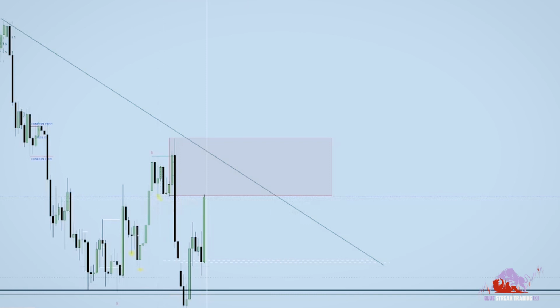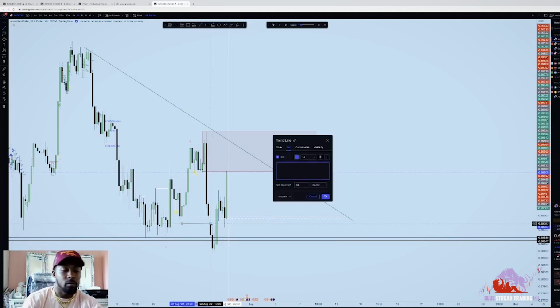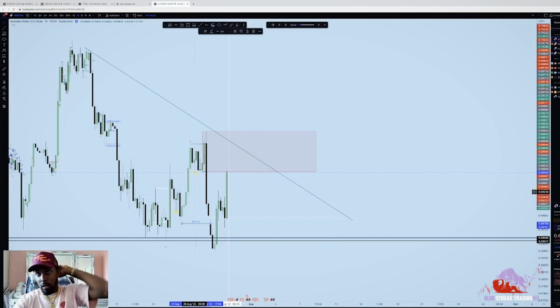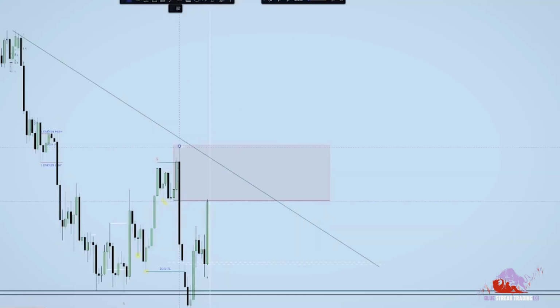All right, so you got your intermediate term low here. It gets broken here. And we're gonna wait for it to get back into that premium area, which it is on the 4-hour.